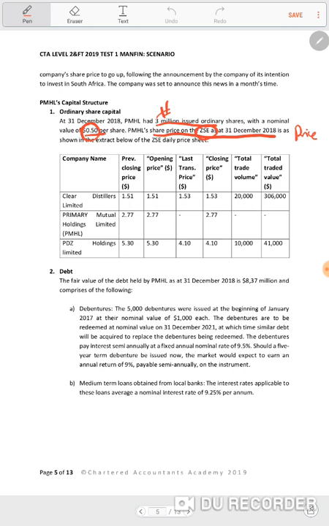So let's look for our price. We have Clear Distillers, we have PMHL, we have PBDC. So our company is PMHL, therefore we're going to take our closing price, which is 2.77. So on our market values, we're going to create our workings. On working 1, we have market values.